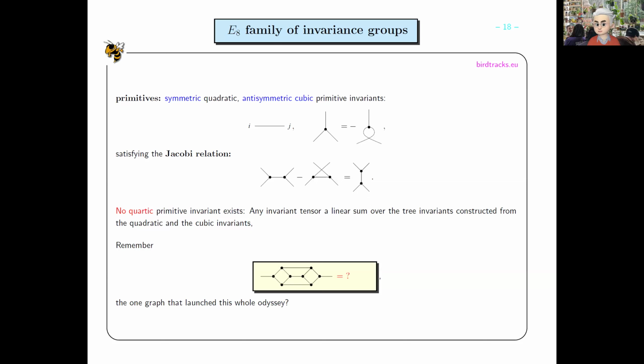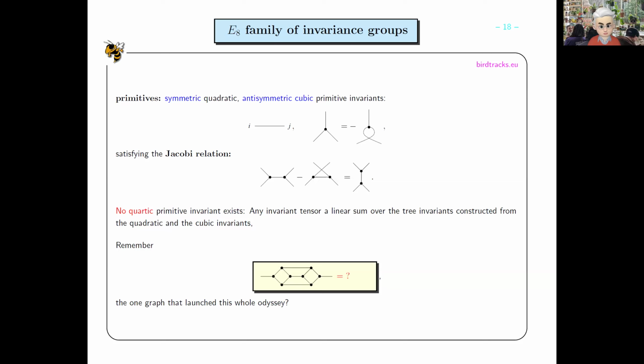And following a tooth, I could do it for unitary groups, and generalizing the idea, I could do it for orthogonal and symplectic. But now, suppose I only know that I have a quadratic invariant, an antisymmetric cubic invariant, and it satisfies the Jacobi relation. Can I compute this thing for any group?